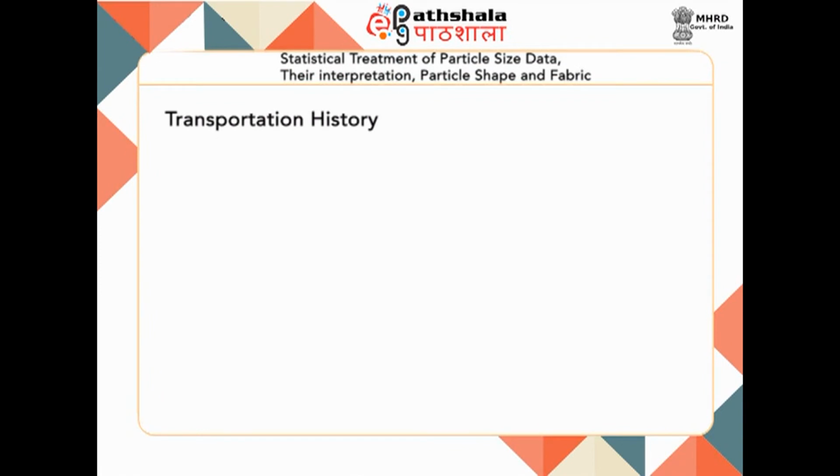Now, how do we describe the transportation history? A grain size distribution curve may consist of several populations of grain sizes, each of which may have a log normal distribution and assume a straight line when plotted on probability paper.